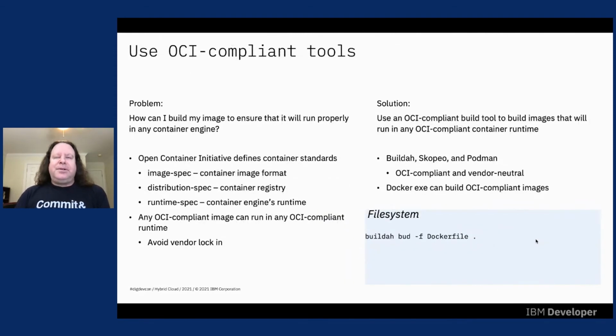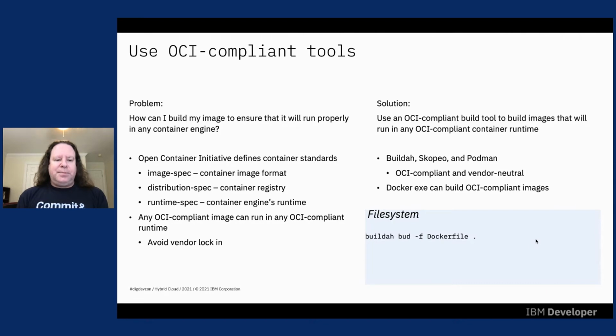All right. So that's kind of how we design the Dockerfile to build our image. Now I've got a couple of practices on how we're going to do the build and run the Dockerfile. The first one of those is that you should use build tools that are OCI compliant.